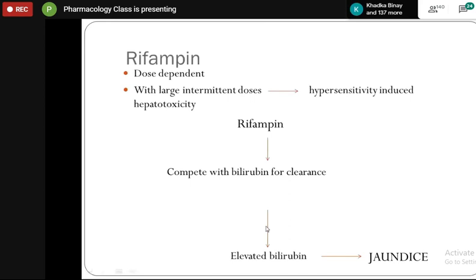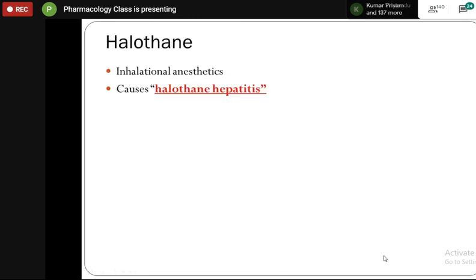These are used to anesthetize a person before major surgeries, and they cause hepatotoxic effects, exclusively known as hepatitis, because they are caused by the drug, so they are given the name hepatitis.